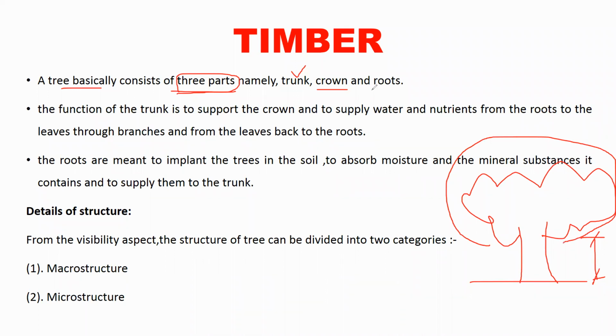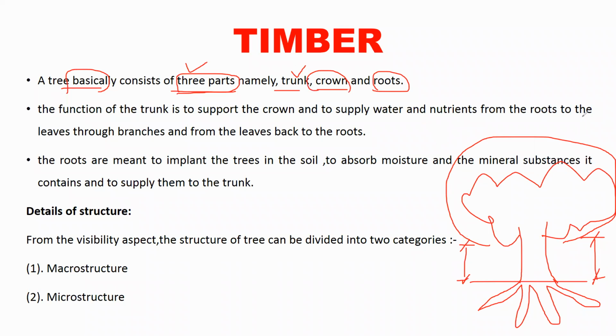The third one is roots. What are roots? Roots will be under the ground, something like this. So these are the roots. A tree basically consists of 3 parts: trunk, which is the stem portion, and crown, which is everything above the trunk.